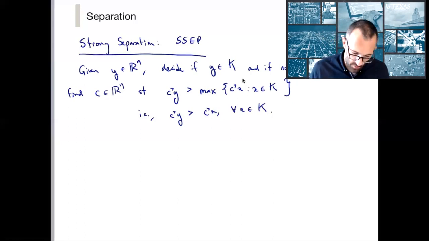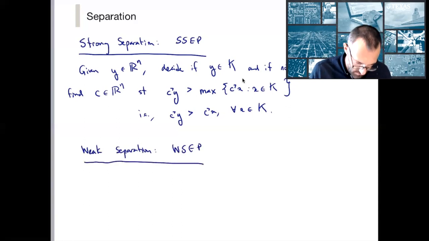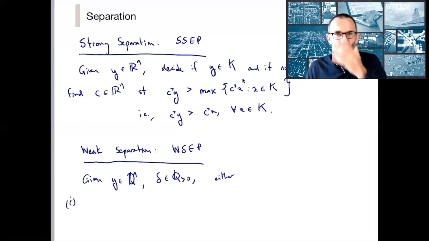And the weak separation problem says, given a vector Y, a rational vector, given a threshold delta that's rational and positive, then either one, assert, so this is the approximate version of both of the options above.